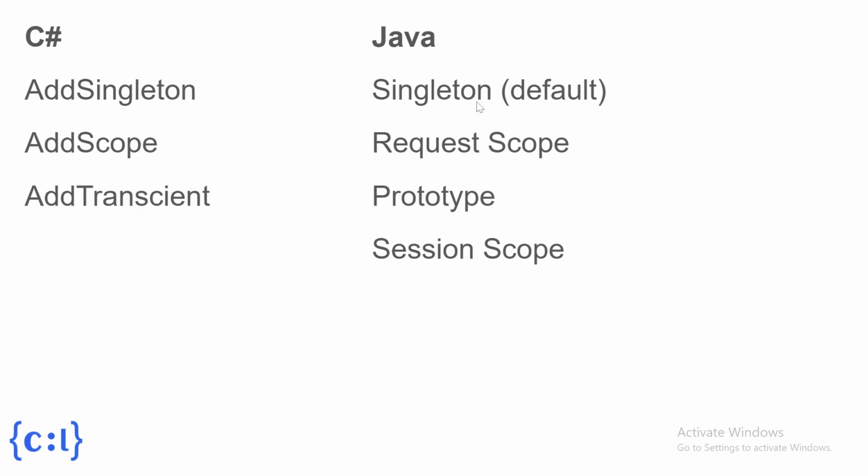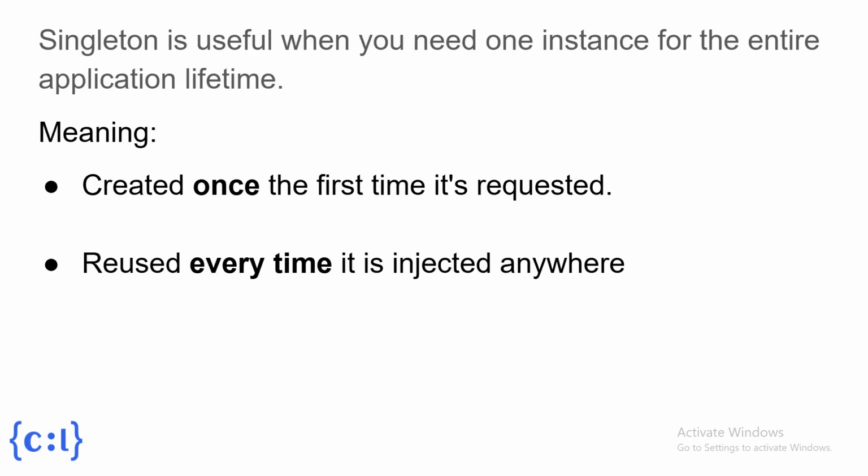In Java, singleton is the default, but in C# you need to specify which one you want. AddSingleton in C# is similar to singleton in Java, while AddScoped in C# is similar to request scope in Java. Then AddTransient in C# is similar to prototype in Java.